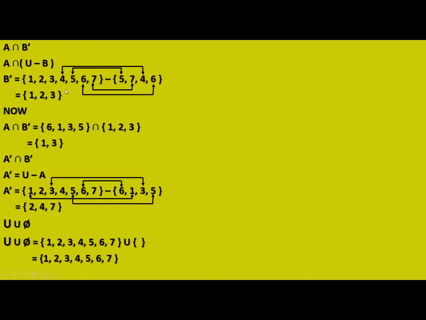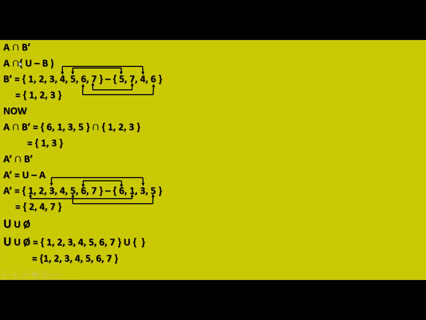The set containing those elements that are in U but not in set B. So see, 4, 5, 6 and 7, these elements we find in set B. And what are the elements that we cannot find in set B? 1 2 3. So that will be our answer.